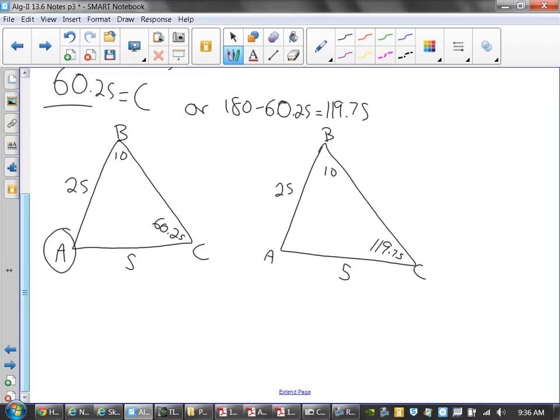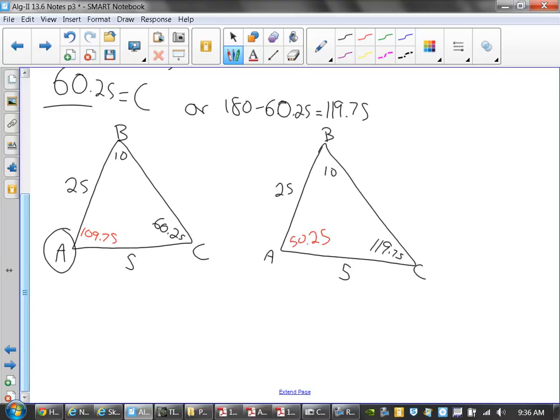So what happens now in this side here, I take 180 and I subtract out the 70 1/4, and I get 109.75. And then I would use law of sines to find out the side A. Over here, when I subtract out from 180, I have 50 1/4.